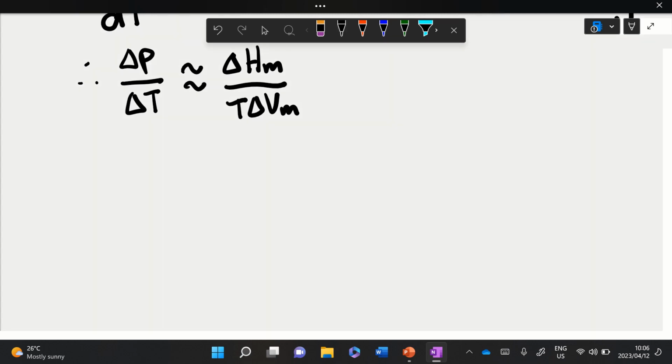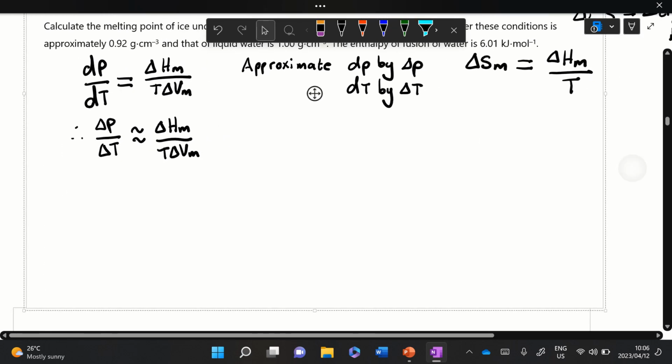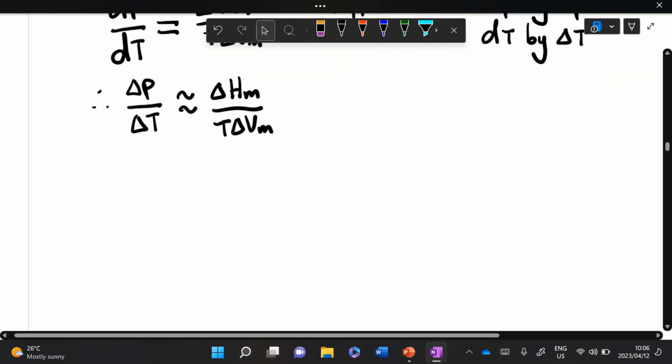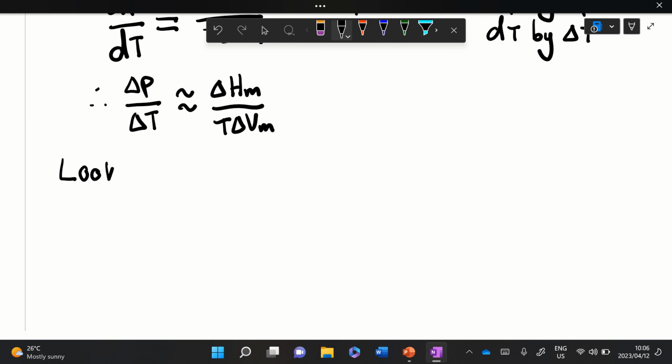So in other words, if we're looking at, for example, ice to liquid, so we're looking at fusion, the fusion of water.